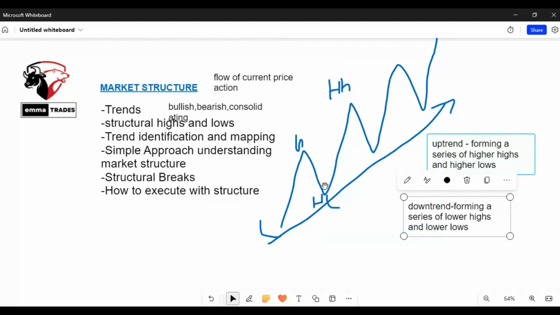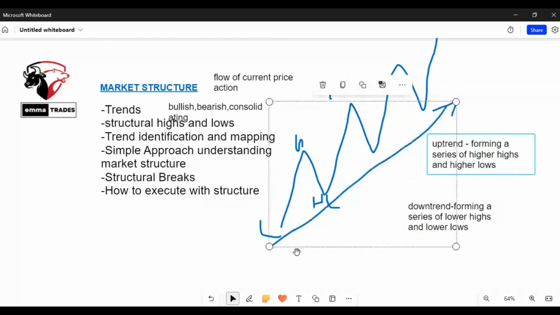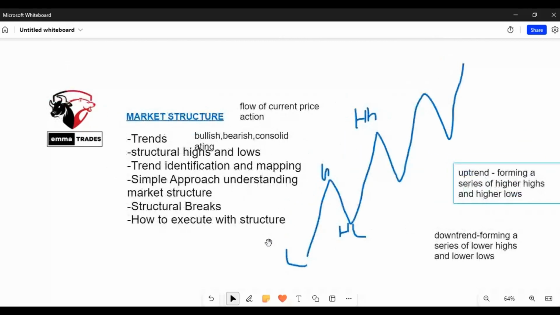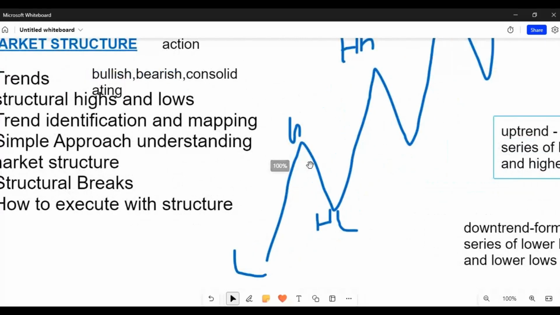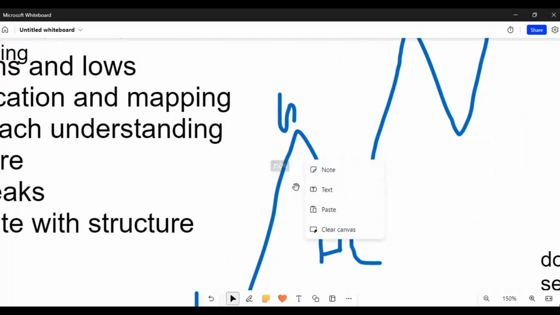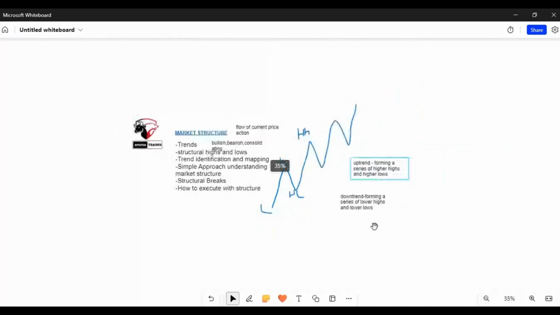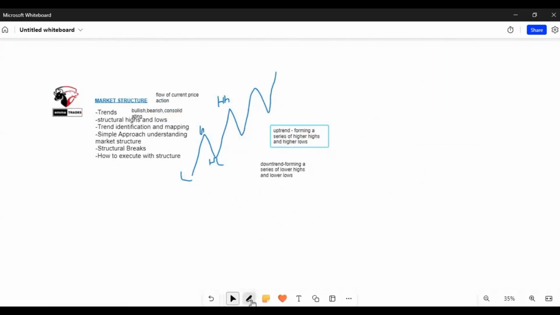Then for a downtrend, we have something similar to that, but the opposite side. So the price is doing something like this, right?